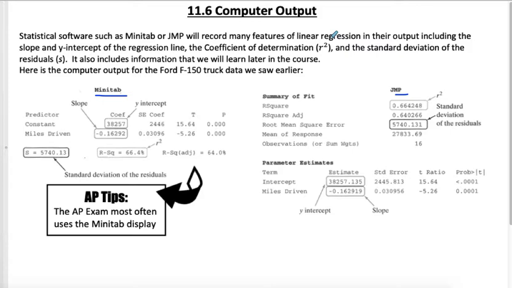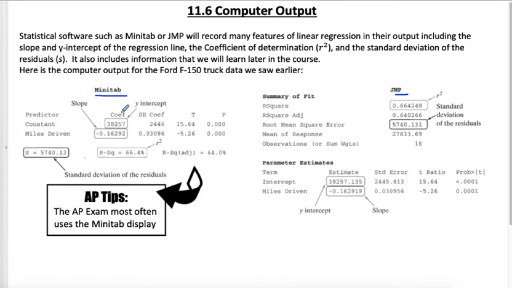On College Now, we typically see our calculator screen output, so that's going to be more typical to what we've seen. Looking at Minitab, we have our predictor, our constant, and then the miles driven. They're giving us our coefficients here, that's what COEF is.